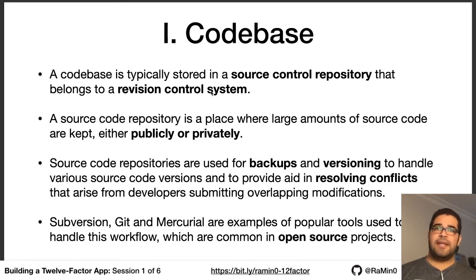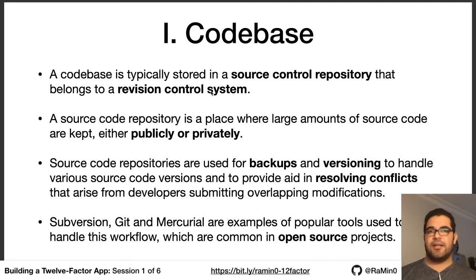So the codebase is basically stored in a source control repository, or for short, a repo, that belongs to a revision control system. And we'll be talking about what revision control system means in a couple of seconds. It's a place where, as I said, a large amount of code is being kept, either publicly or privately.